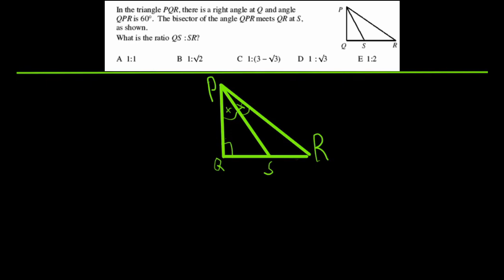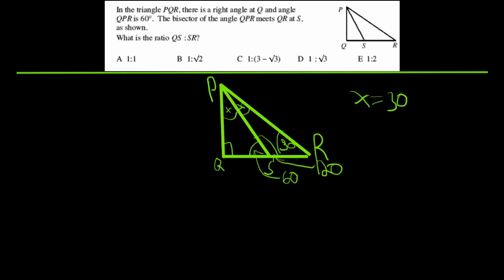We are also told that QPR is equal to 60, and so this tells us that x is equal to 30 degrees, and also that this angle here is equal to 180 minus 90 minus 30, which is 60, and that this obtuse angle here is equal to 120.